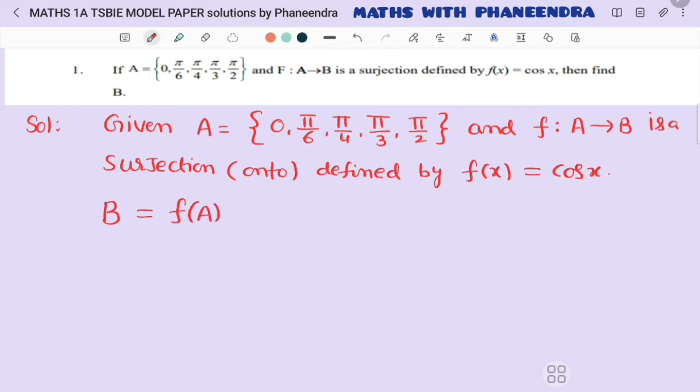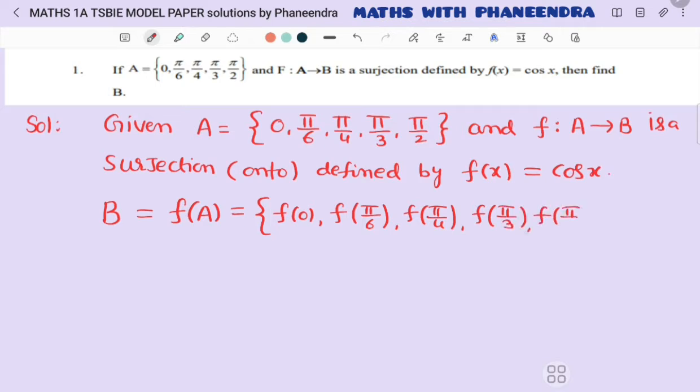That is the meaning. That is f of A, meaning in the set A, what elements are there? 0, pi by 6, pi by 4, pi by 3, pi by 2. So f of A equal to f of 0, f of pi by 6, f of pi by 4, f of pi by 3, f of pi by 2.